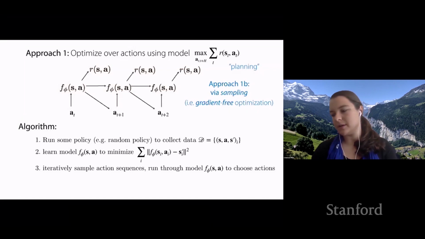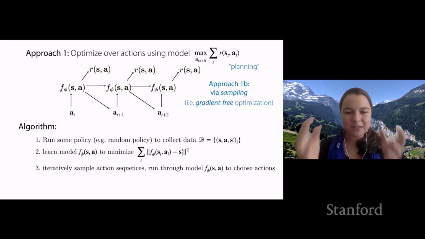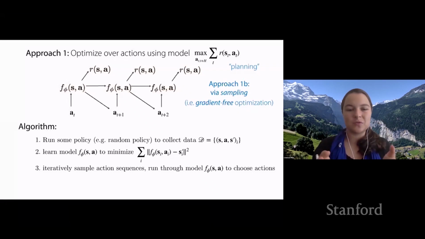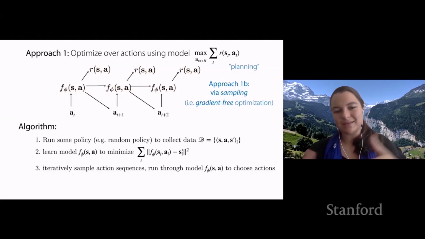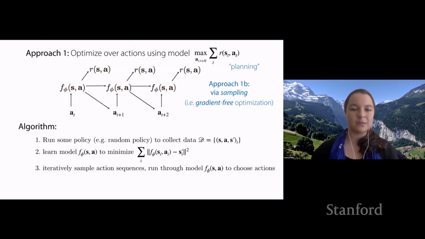For example, you can pick the top K%, fit a new distribution to that top K%, resample from that distribution, and allow yourself to iteratively get a better and better sequence of actions.